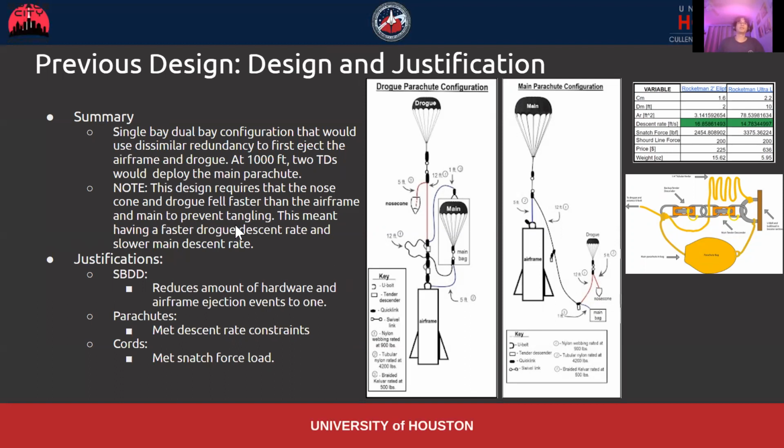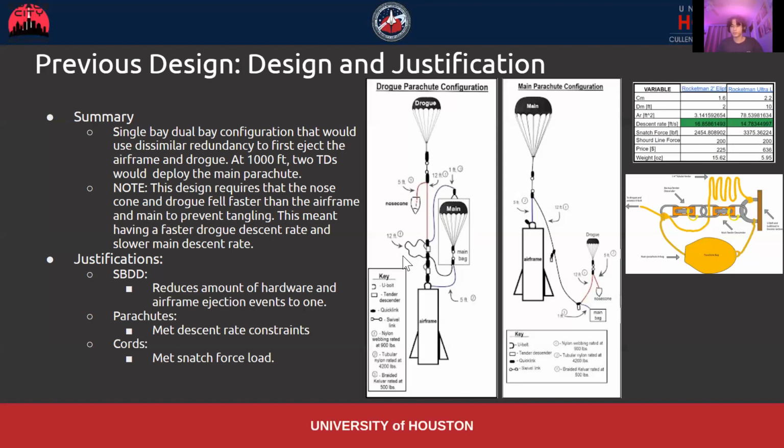And I think the biggest thing about this design and the one we have right now is that the way we had this one here, the nose cone is connected right under the quick link with the drogue. And then you have the tender descender here, the main over here. So in this configuration, the main is in the bag when the drogue deploys.